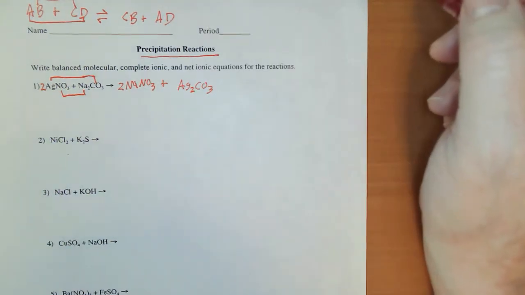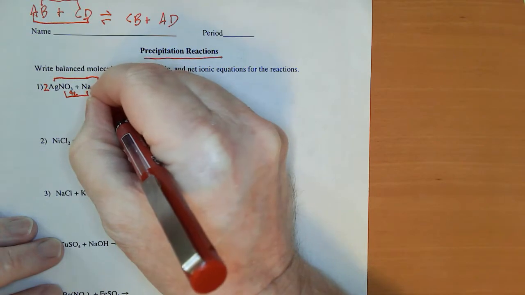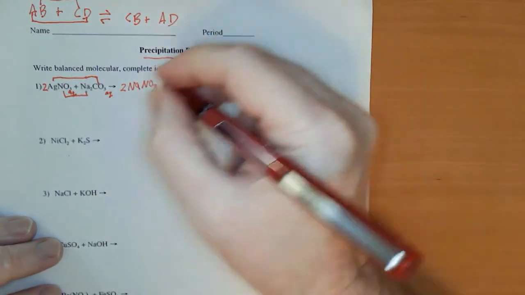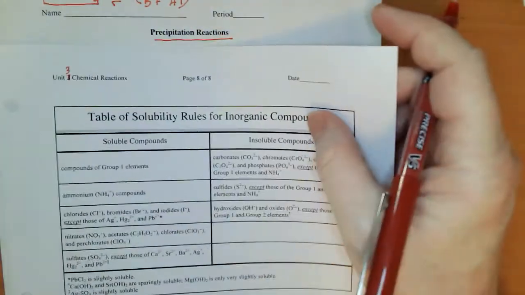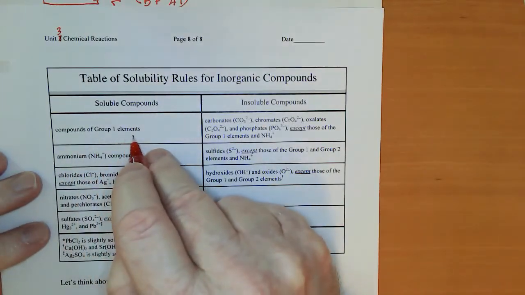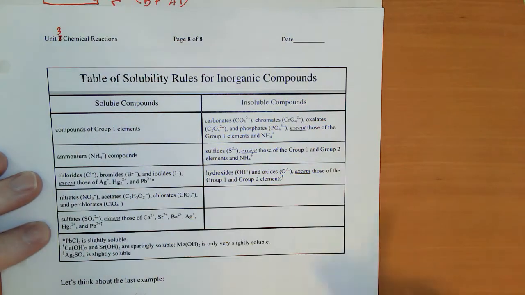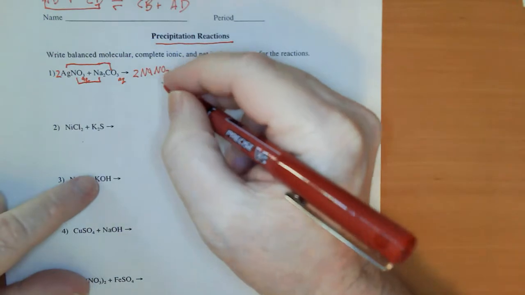So what I do next is I just acknowledge that my reactants are always aqueous. They've got to be. Now, for my products, I'm going to go here to my rules. Compounds of group 1 elements are always soluble. That's great. Sodium's a group 1.